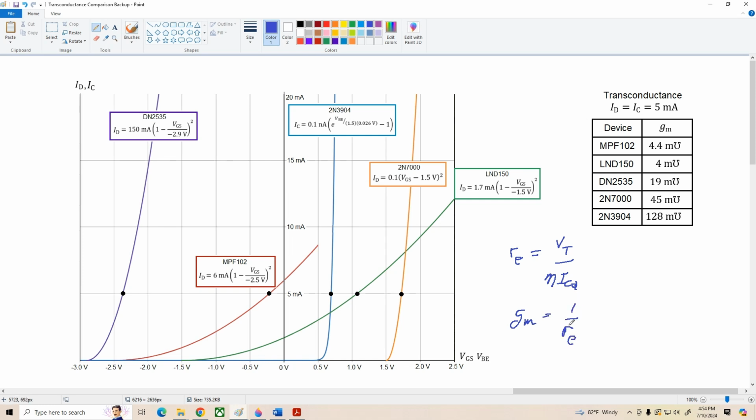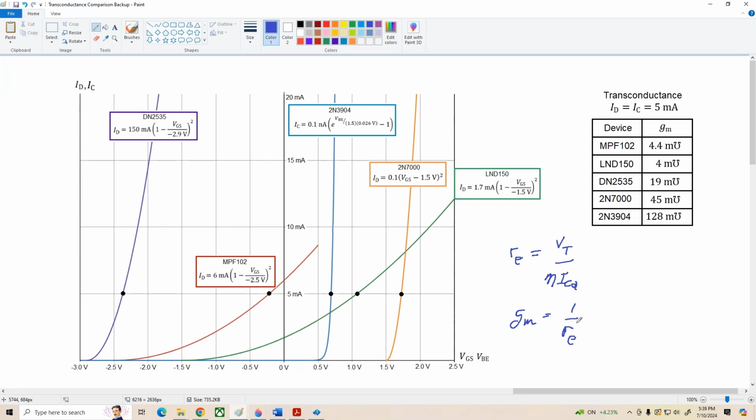And we could have analyzed the circuits using transistors all along with transconductance instead of little re. It's just that it's not normally done that way, but there's no reason why we couldn't do that as well. And here's the relationship. So what I did was determine the slope of this line at 5 milliamps, and it came out to be 128 millimhos, and that's how you determine transconductance for a BJT.